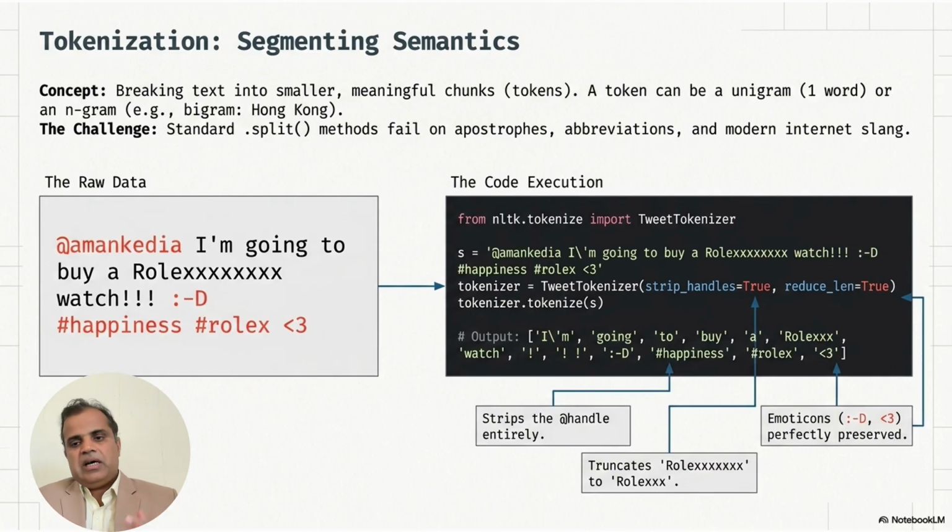It is smart enough to process emoticons like a smiley face, strip unnecessary social handles, and even truncate character repetitions, like if someone has written Rolex with multiple x's, it writes a single x, to normalize the vocabulary for our model.